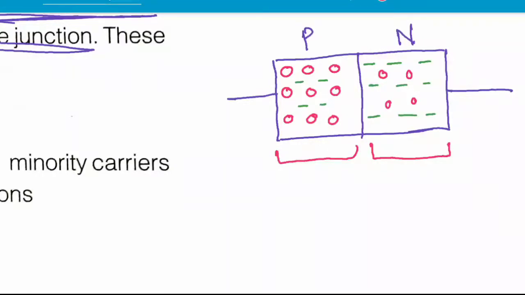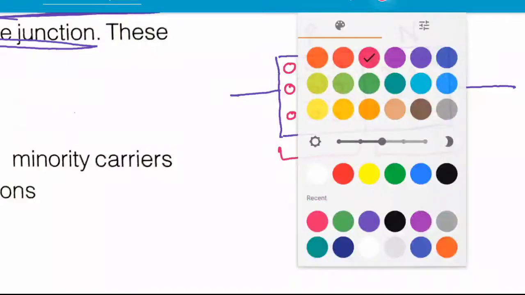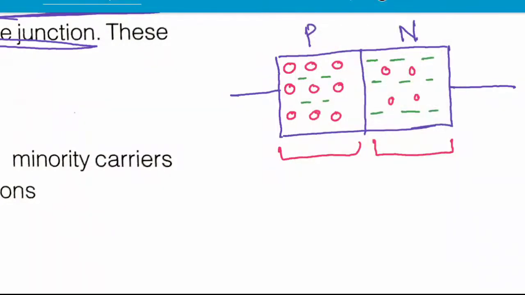But during junction formation, majority carriers of either side, that is electrons from N side and holes from the P side, cross the junction to neutralize themselves, because at the junction, when the formation of junction takes place, these electrons think that we should go to the either side and combine with the holes, and the holes of the P side think that we should go to the either side and combine with the electrons to neutralize themselves. So what will happen?